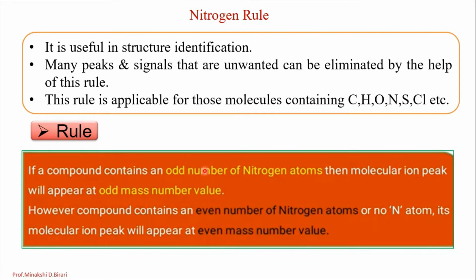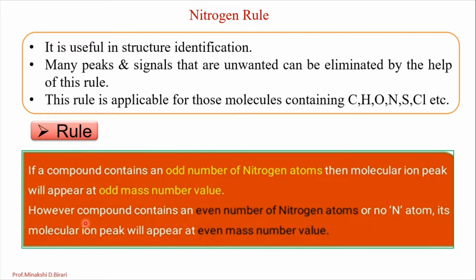If the mass of the molecule is even, then the number of nitrogens present in the molecule should be even or 0.